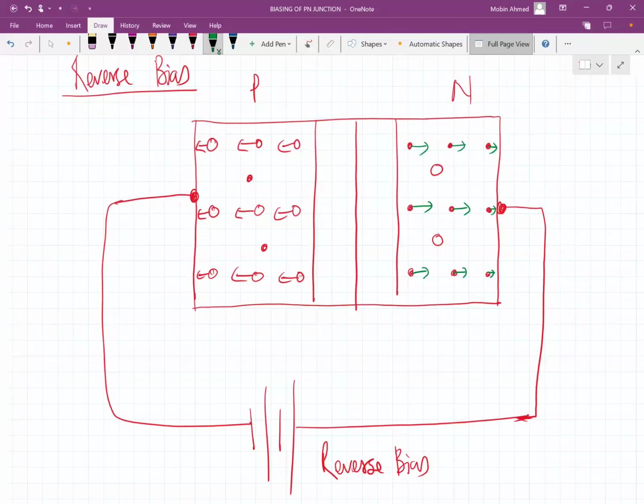So these electrons from here will move, and these electrons will flow to the positive of the battery.